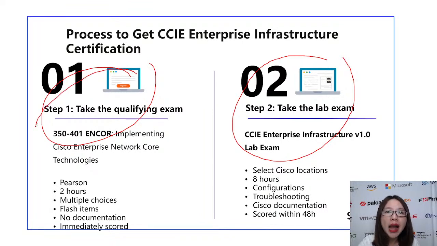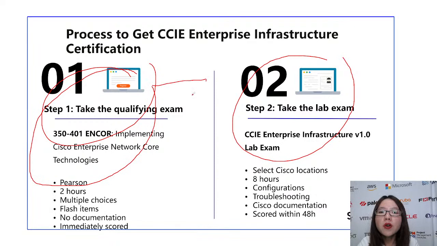After you pass the written exam, you can take the second module test. The second is the CCIE EI hands-on lab exam, covering enterprise networks through the entire network lifecycle, from designing and deploying to operating and optimizing.